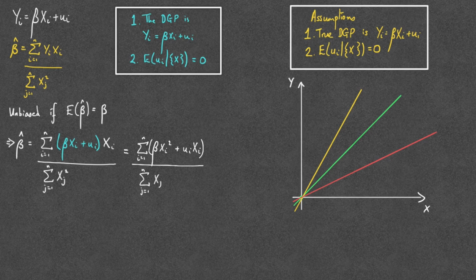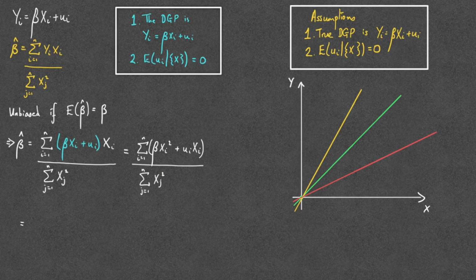of the x squared. Now we've got a sum on this numerator which we can split up into two separate summations, and since we've got this common denominator, we can split this up into two fractions.